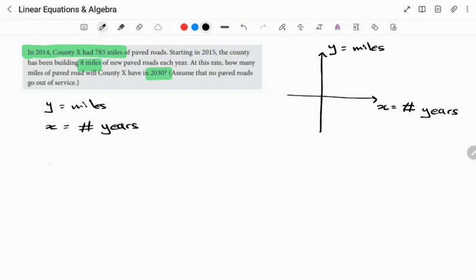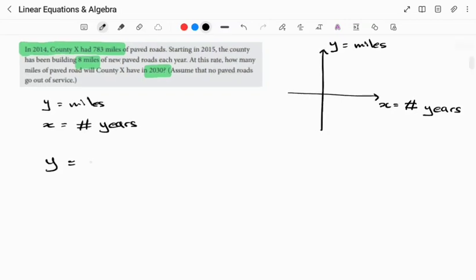So our y, our miles, are going to equal, it tells us in the question that they started with 783 miles. So first step is 783, because we already started with that, plus we've been building 8 miles every year, and x represents number of years. So this is the linear relationship between the miles and the years in this question.